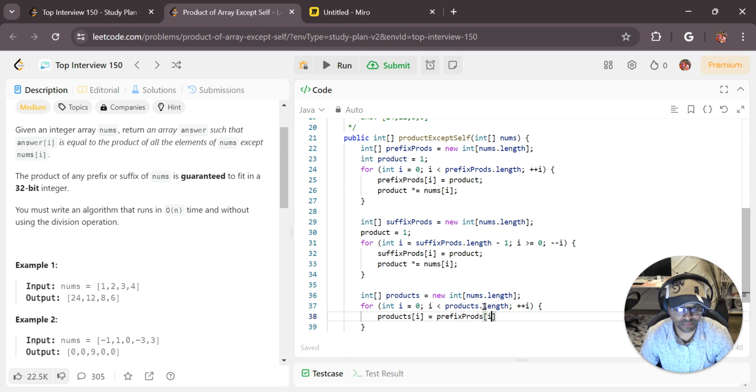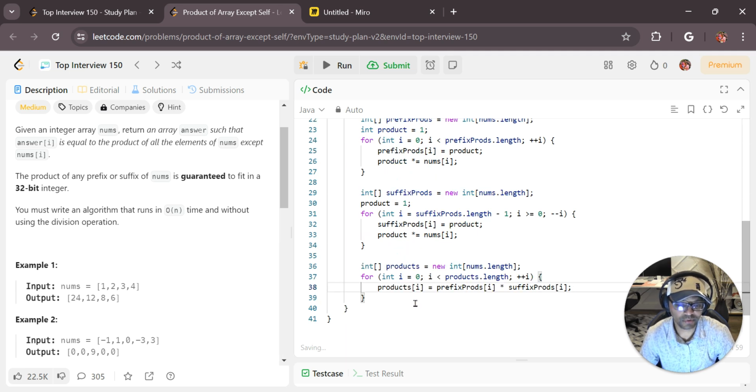So prefixProds of i times the product of all the suffix of that number. And note that here we don't have to handle zeros as a special case at all because we are not doing division. That's at least one advantage of not doing division, I guess. So that's good. Okay, cool.